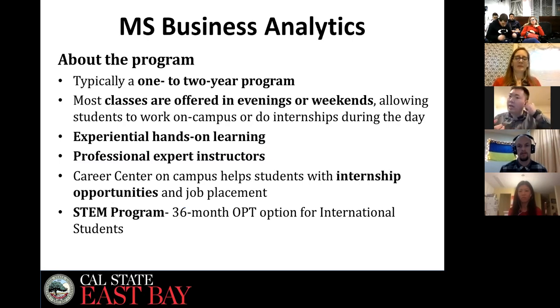Basically, I feel this program is pretty suitable for students if they want to find a job in the future after the master's program, because all the positions here in the Bay Area are pretty near San Francisco and Silicon Valley. It's just a 30 or 40 minute drive.